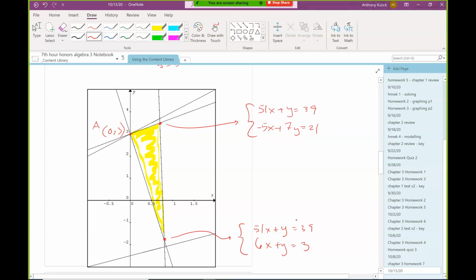Okay with that? So we'll solve these 2 systems.